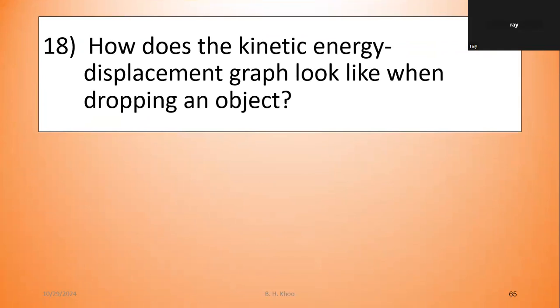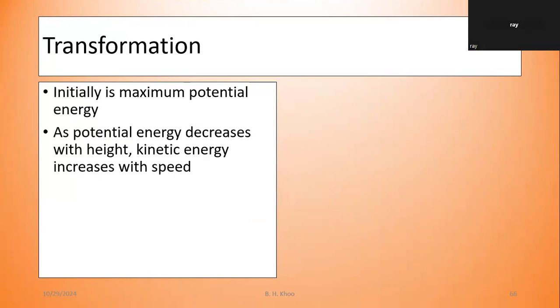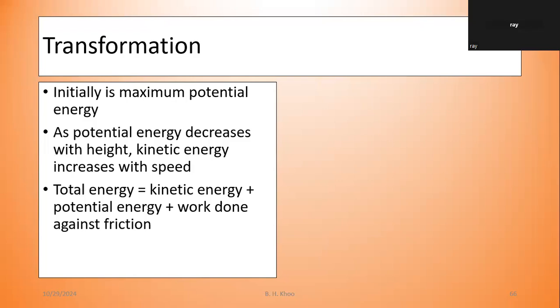Okay. How does the kinetic energy displacement time graph look like when dropping an object? Initially, when you drop the object, the potential energy is maximum. As the potential energy decreases with height, kinetic energy increases with speed. So total energy equals kinetic energy plus potential energy plus work done against friction.